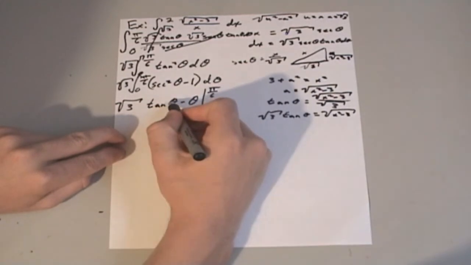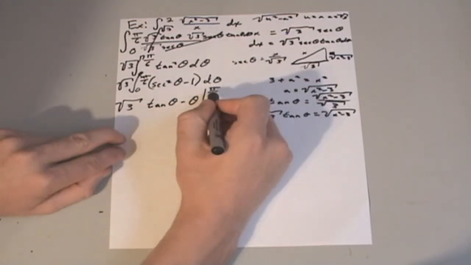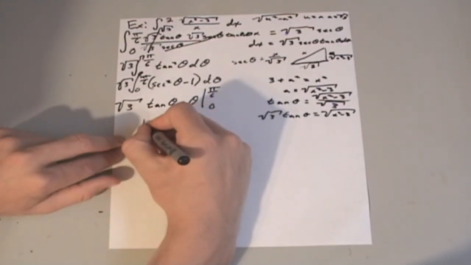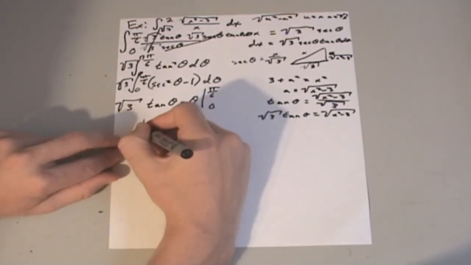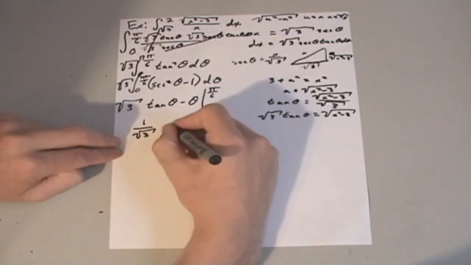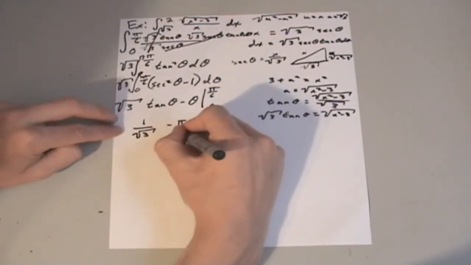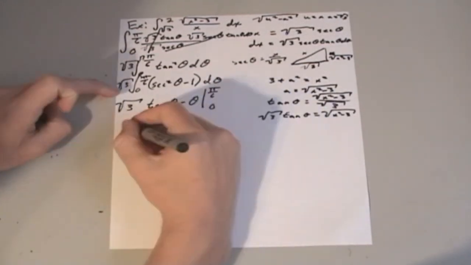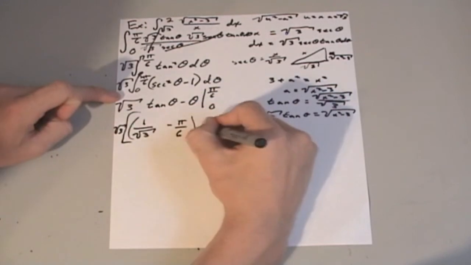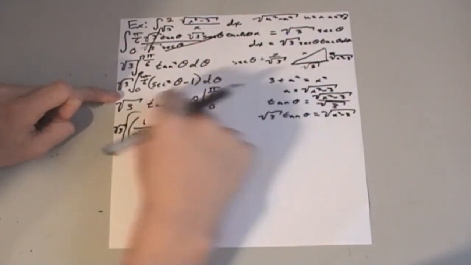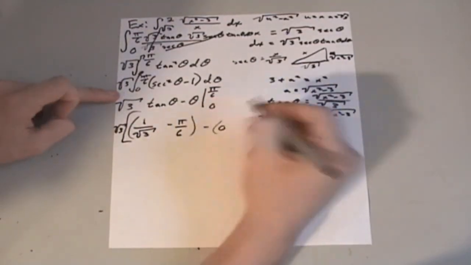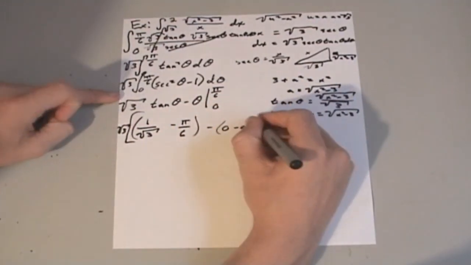Evaluate tan theta minus theta at pi over 6. We get 1 over square root of 3 minus pi over 6. Let's get some parentheses going here. Minus, evaluate at 0. Tan of 0 is 0, and 0 is 0.